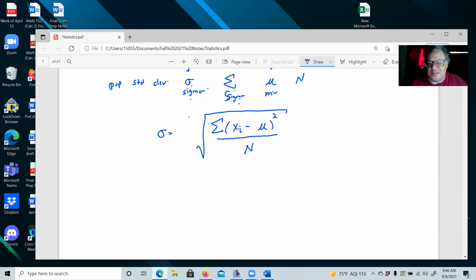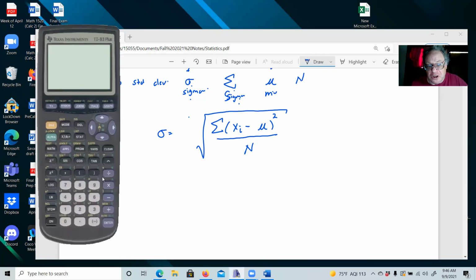So 2 things about this. You don't have to memorize this formula. Do not memorize the formula. We're going to do it by hand once, and after that I'm going to show you how to calculate this number in the calculator, because we don't want to do this every time.